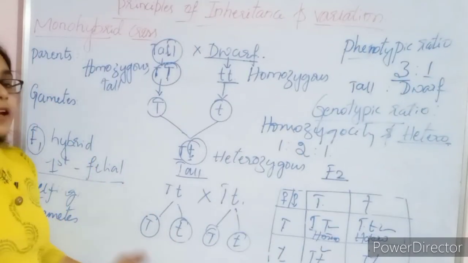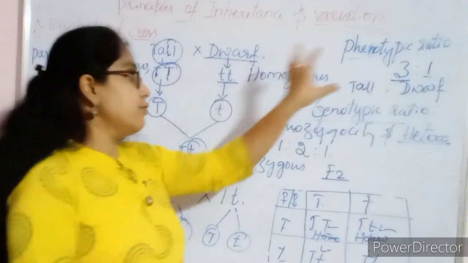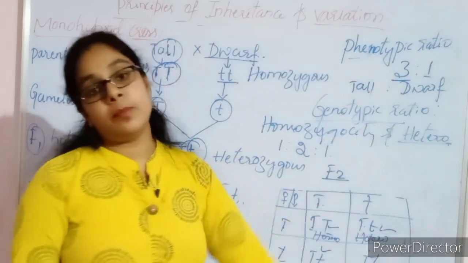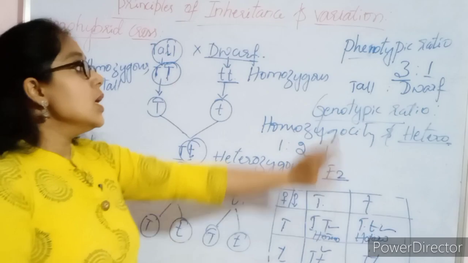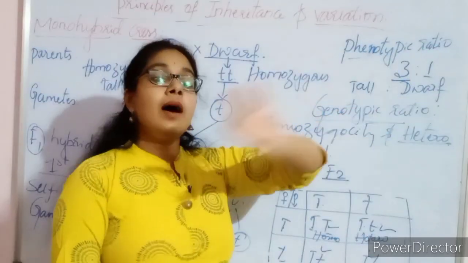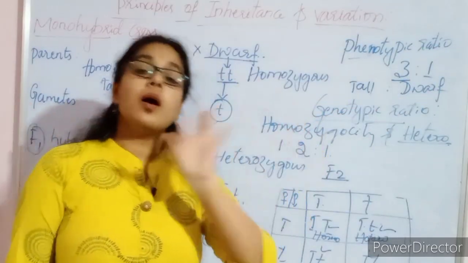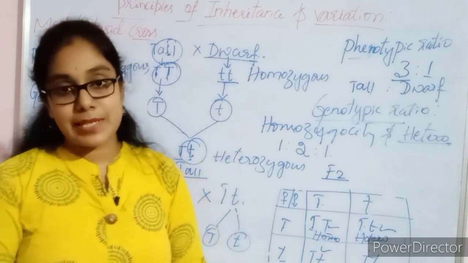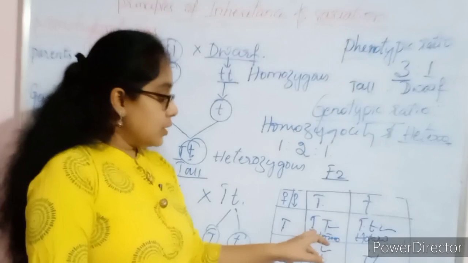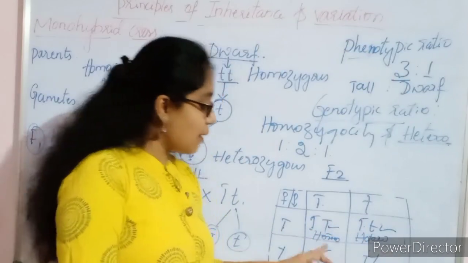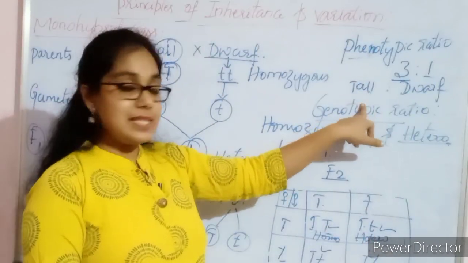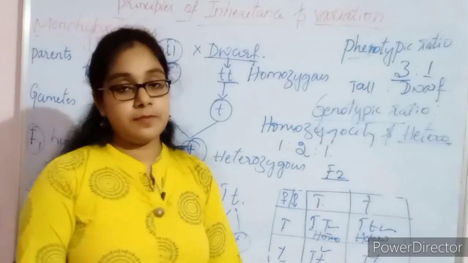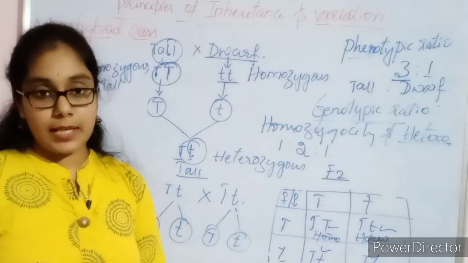Understood? At the end of this, you are going to write the phenotypic ratio and the genotypic ratio. Phenotypic ratio means you have to write how many of them are tall and how many of them are dwarf. Just the morphology is going to be represented, that's all. We have 4 individuals, among which 3 are tall plants and 1 is a dwarf plant. That's all about the phenotypic ratio.